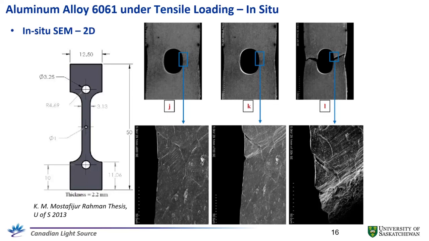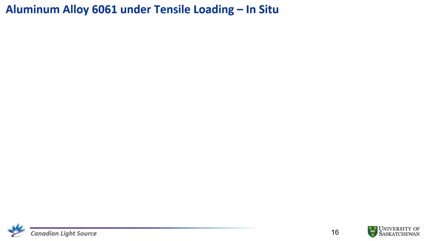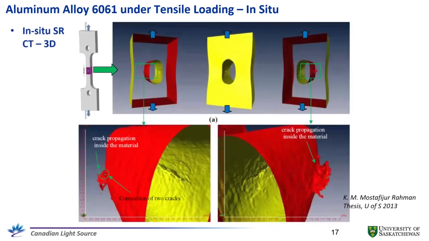But if you use synchrotron CT to look at this, you can look inside the sample and see where the cracks started and propagated. So these are some images from the thesis. Because of the high intensity, you can do in situ measurement of a lot of the mechanical tests.